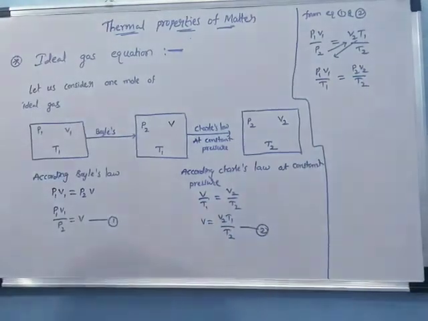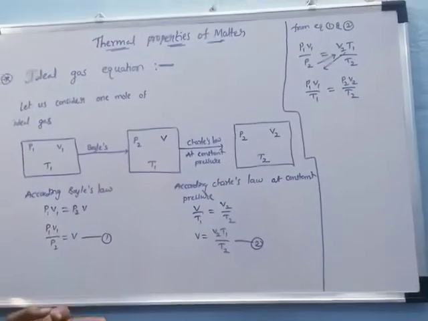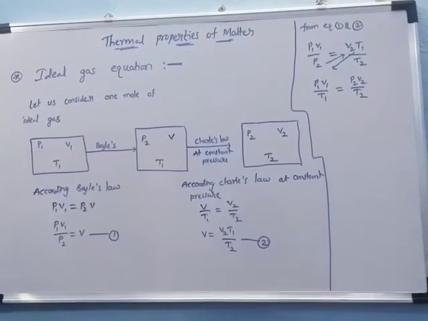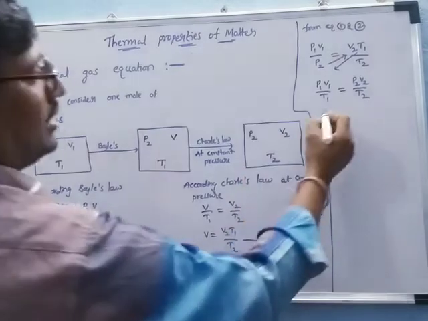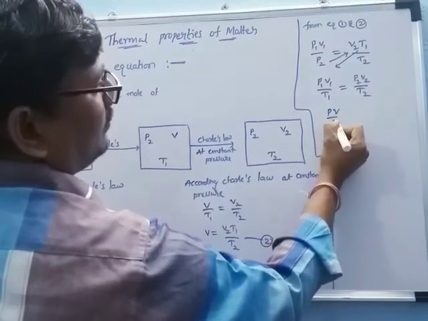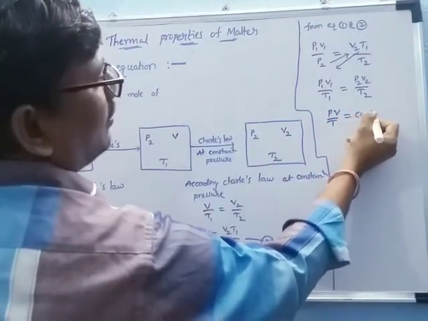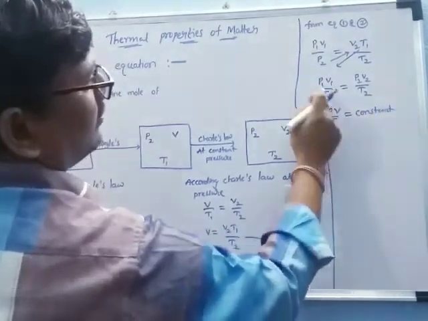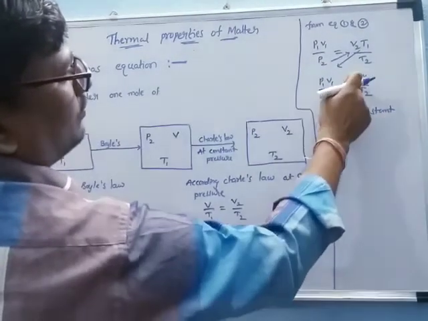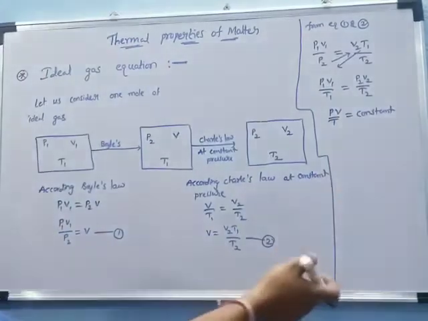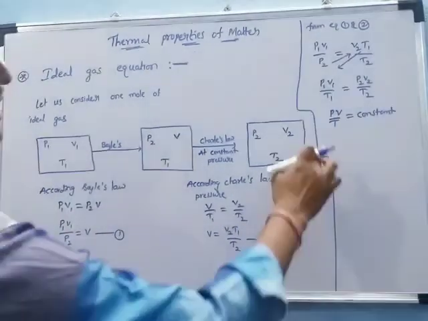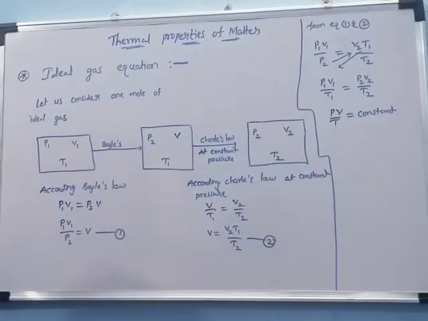Just like in Boyle's law, where P1 V1 is equal to P2 V2 is equal to a constant, here also PV by T is equal to a constant. P1 V1 by T1 is equal to P2 V2 by T2 is equal to P3 V3 by T3, which is equal to a constant. So PV by T is equal to constant.